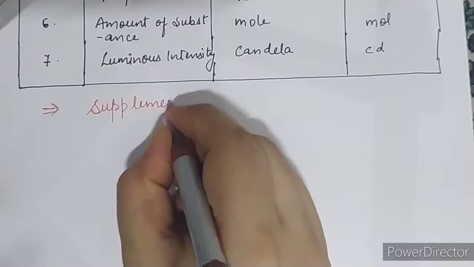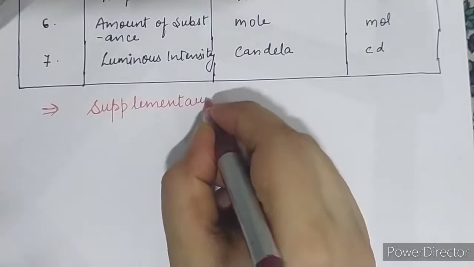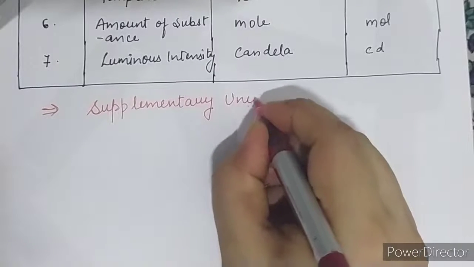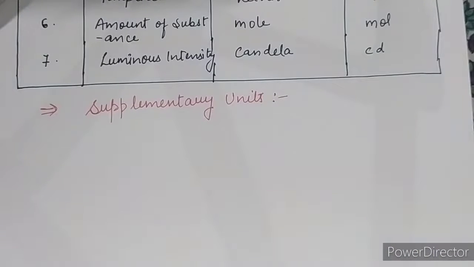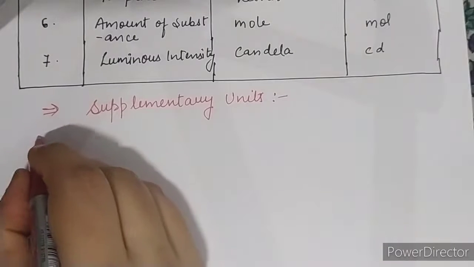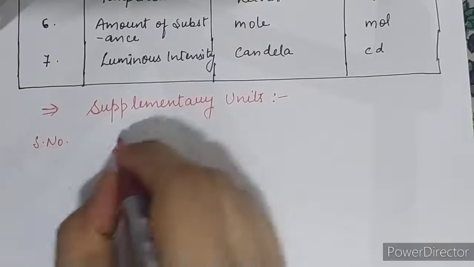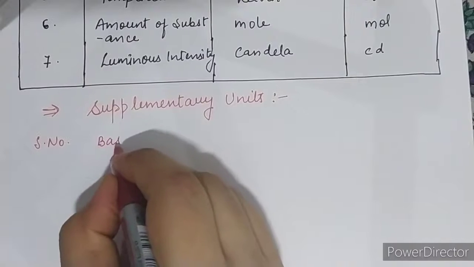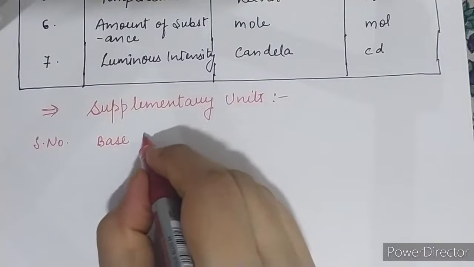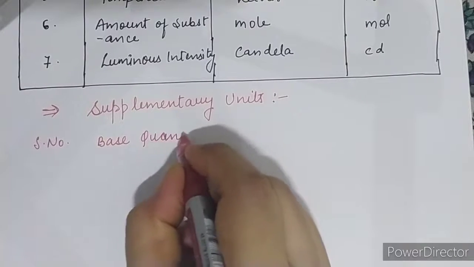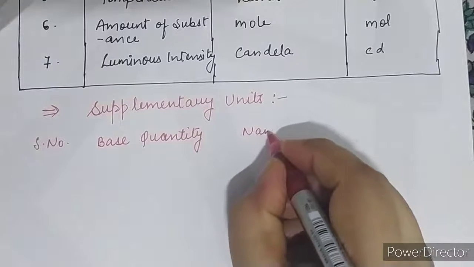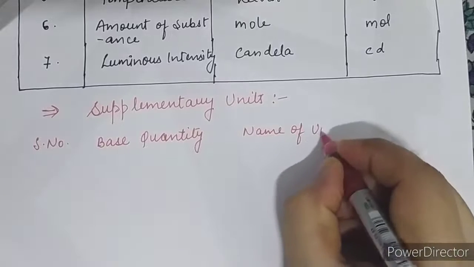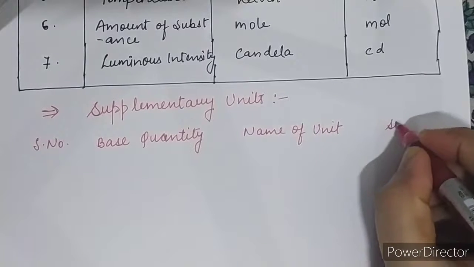In the supplementary units I am drawing the table: serial number, base quantity, name of unit and symbol.